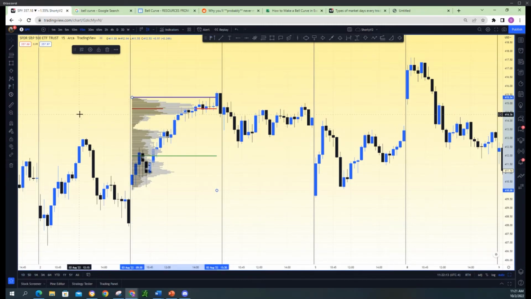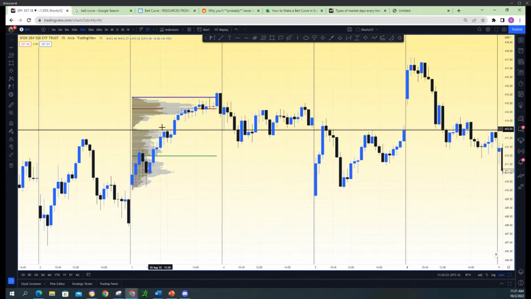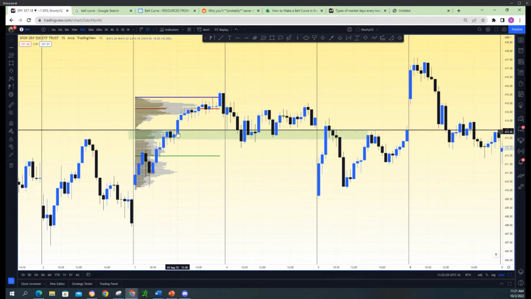So if you guys look here, we are in a P-shaped profile. The high volume node starts right here, with a skinny belly here, and now the whole thing is the high volume node. And look what happens. You popped here and you bounced from it. Then when you lost it, it acted against you, almost like a resistance.